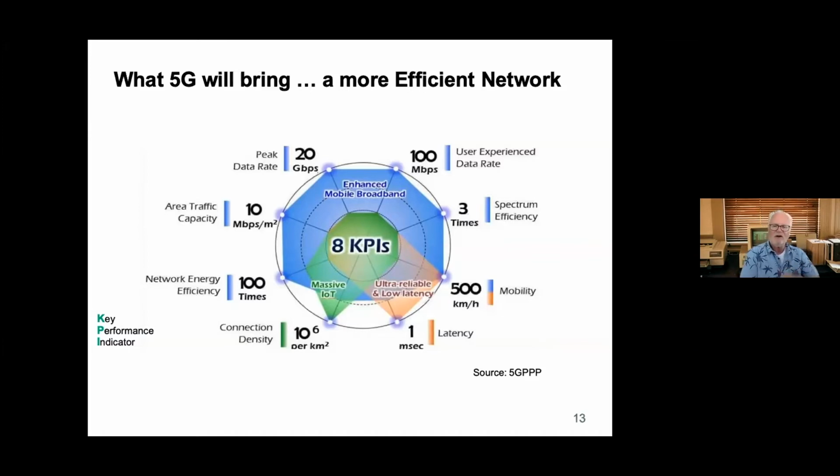So here we are talking about cars again, where you've got vehicle to vehicle and vehicle to stoplight or other traffic control devices. It's very important to have low latency and high speed access. Much more spectrum efficiency, so they can cram more information, more data, more voice, more video, whatever it is, into the same amount of space with regards to spectrum. And just huge user experience data rates. So we're seeing it's really a revolutionary product, a revolutionary time with this stuff.